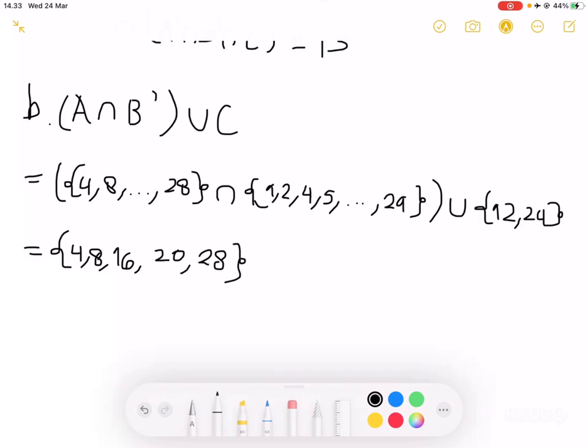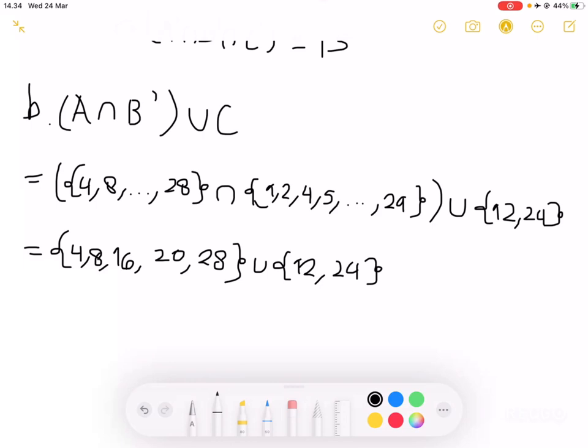Now that you've gotten through all of this, I would probably like to draw a Venn diagram to represent this, but I'll let you do that. And then we have union 12, 24.